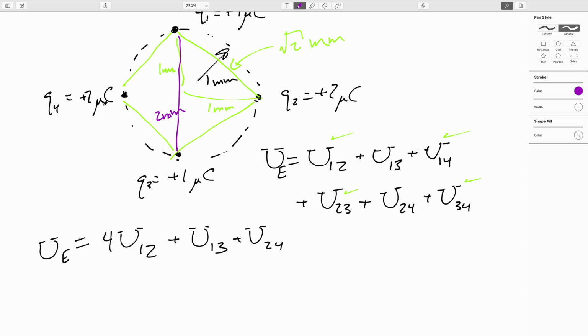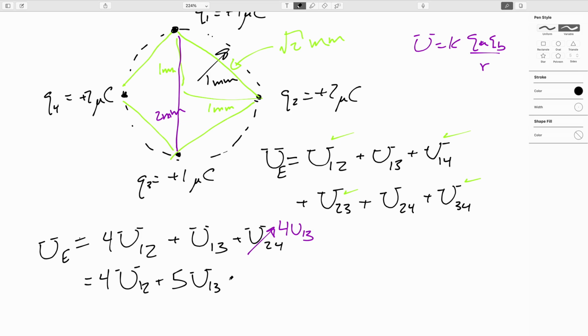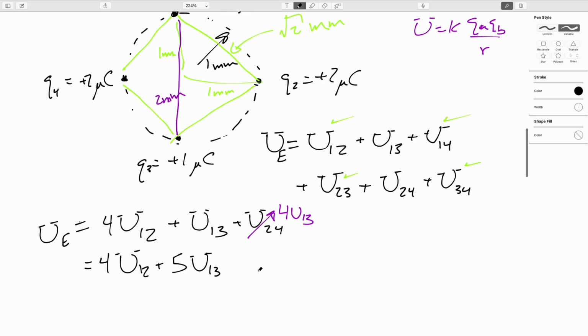The only difference is that each of these charges is doubled. Since the potential energy goes as K QA QB over R, if I double each of these charges, I quadruple this. So we can observe that U24 is 4 times U13. So the cleanest I can get this down to is 4 times U12 plus 5 times U13. But at least that gets us down to just 2 terms.